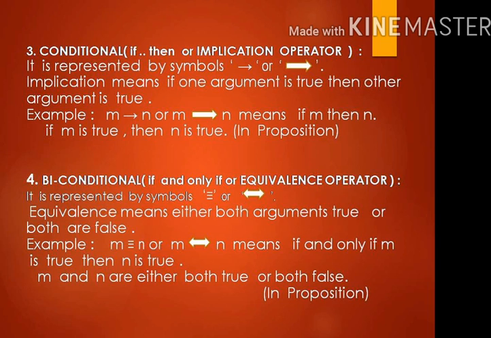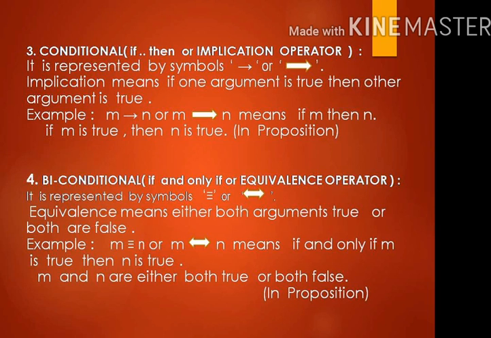Number 4, biconditional operator. What is the biconditional operator? Biconditional operator is also known as equivalence operator. It is represented by the symbol equivalent to. Equivalence means either both arguments are true or both are false.